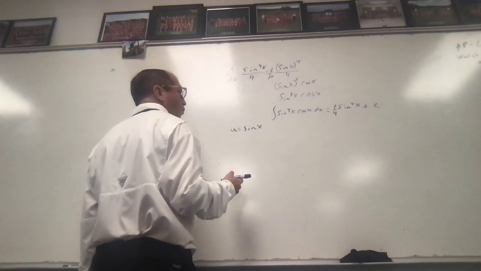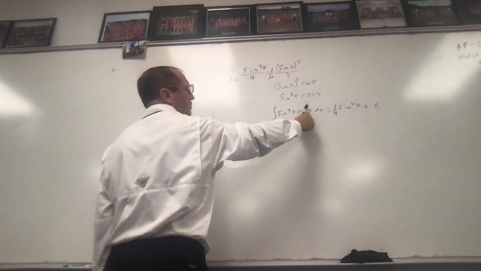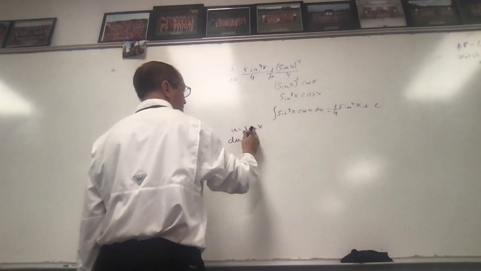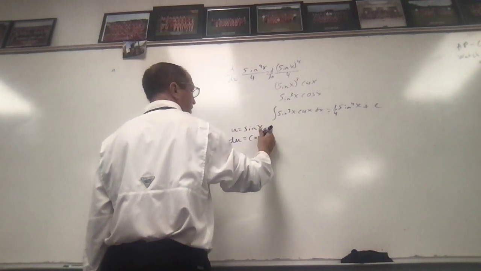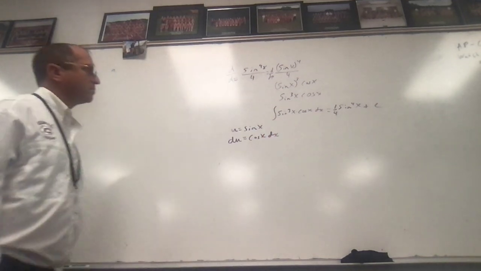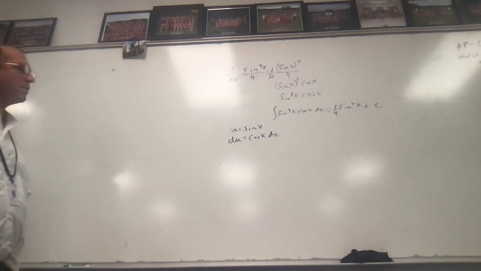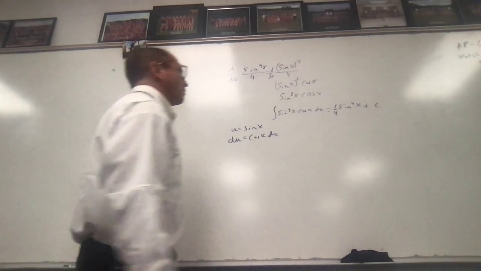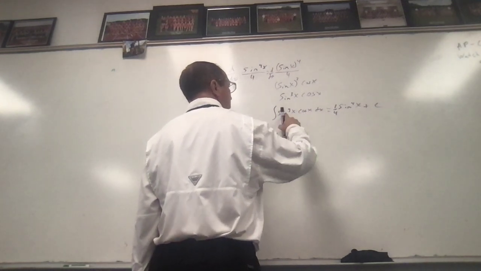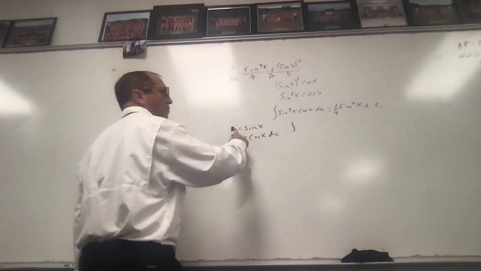Now, not only do we have that value in there, but its derivative is also in the antiderivative. So du would be cosine of x dx, right? So I'm going to go about substitution here. In the place of sine of x, I've got u.